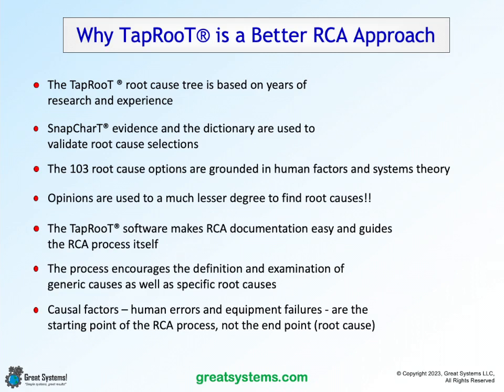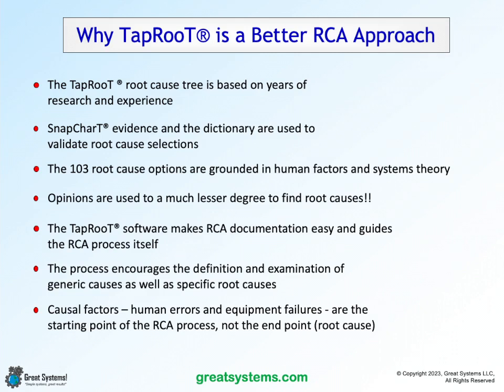Now, I do favor TapRooT. And I favor it for a variety of reasons. More importantly than anything else, it's not an opinion-based tool like the other three tools that we've looked at here. The other three tools have an infinite number of possible root causes for a given problem. You could come up with anything if you wanted to.